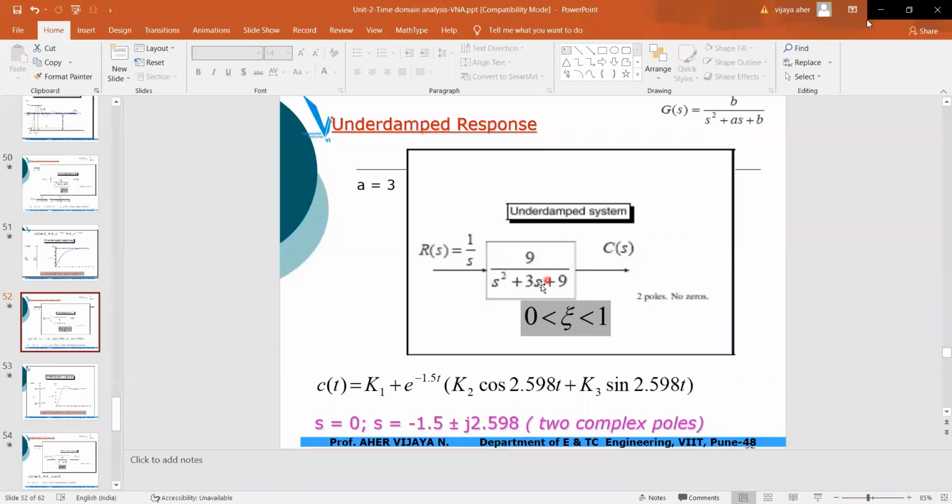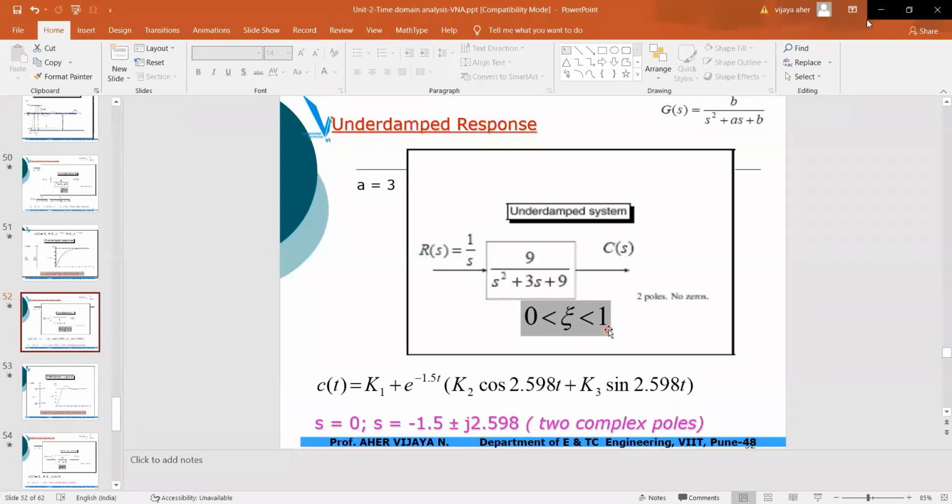Again, unit step input is applied. R of s is equal to 1 by s. R of s is input. C of s is output. And the system is underdamped. At that time, your zeta is varying between 0 and 1. That's why I have written 0 less than zeta less than 1. That is an underdamped system.